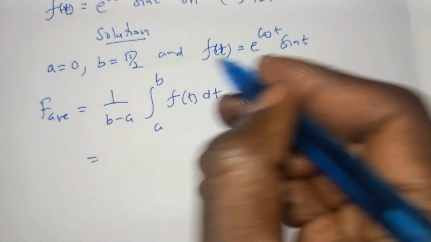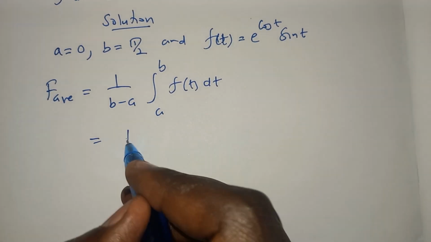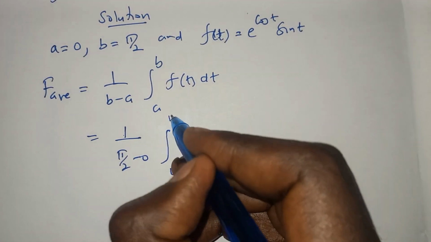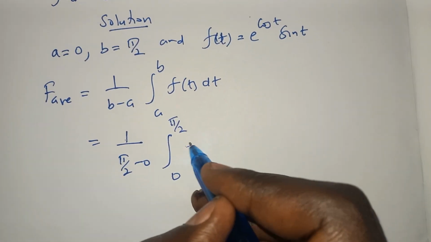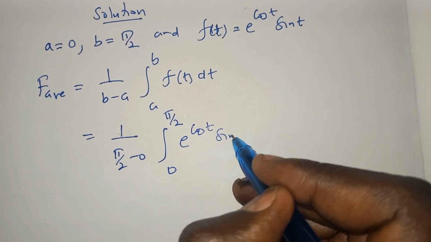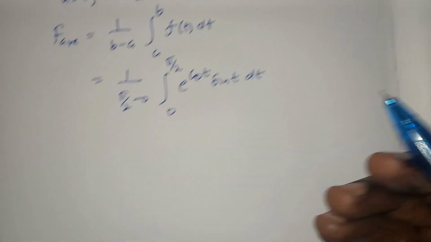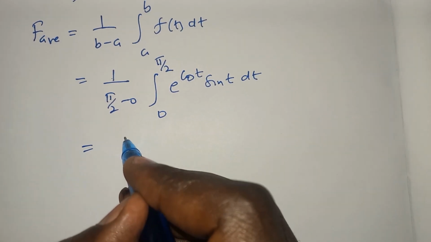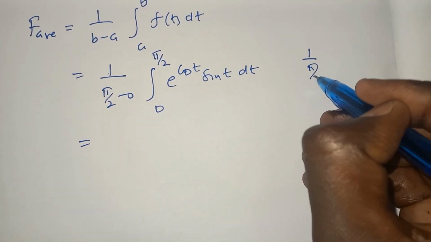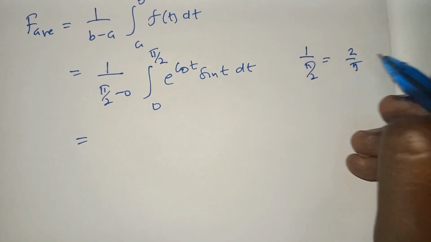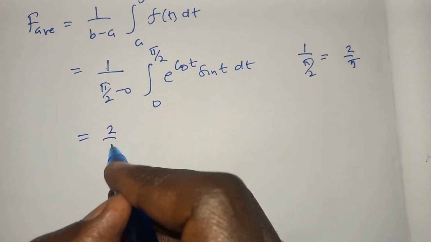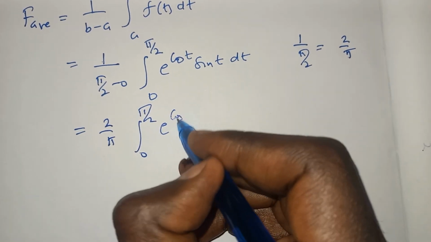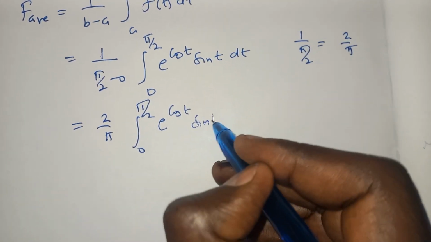If you substitute the given values, then you have 1 over pi over 2 minus 0, integral from 0 to pi over 2 of e^(cos t) sin t dt, which simplifies to, 1 over pi over 2 is the same as 2 over pi. So this will be 2 over pi, integral from 0 to pi over 2, e^(cos t) times sin t dt.